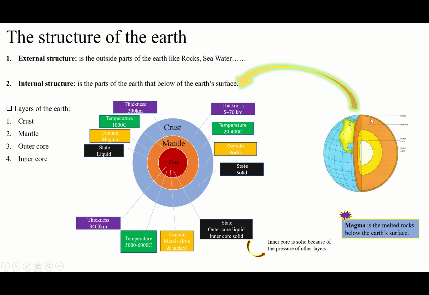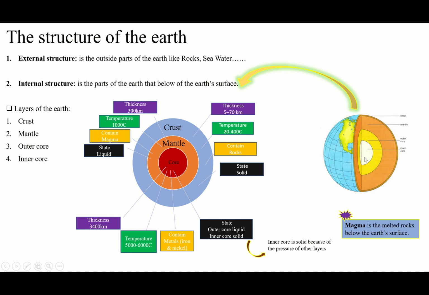Guys, we have 3 layers that put pressure on the inner core. The crust, mantle, and outer core put pressure on the inner core. When we say other layers, it means the layers above, like the outer core, mantle, and crust.